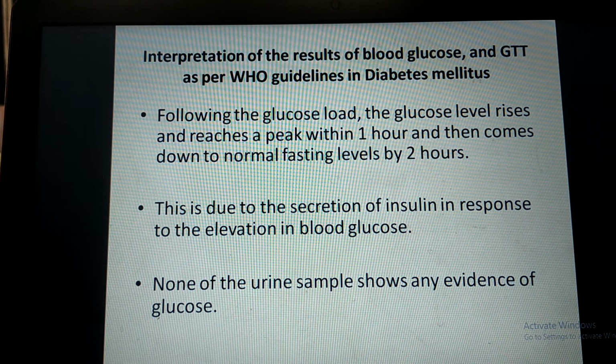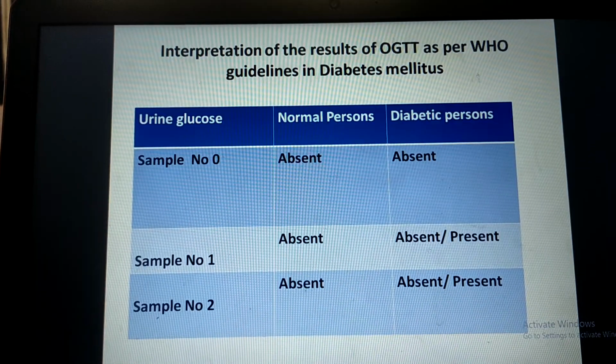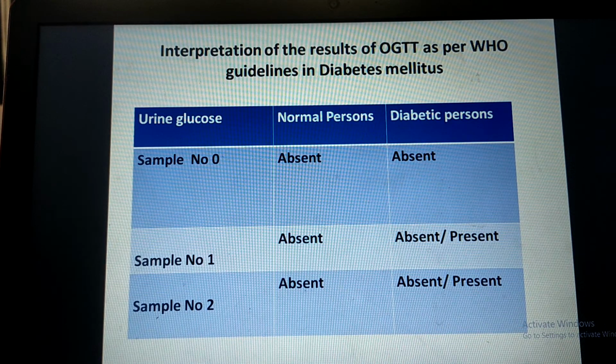In a normal person, you cannot find glucose in any of the urine samples. Now coming to the urine sample, in case of sample number 0, the glucose is absent. In sample number 1 and 2, in a normal person, the glucose is absent. But in a diabetic person, you may or may not get glucose in the urine.